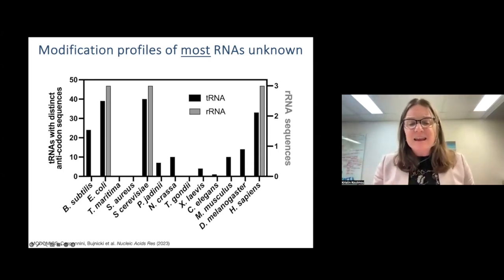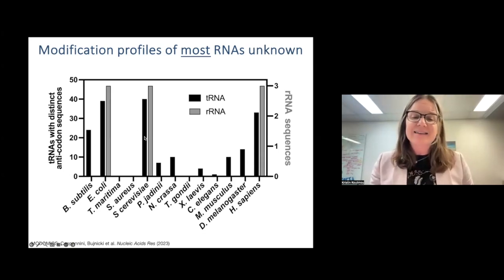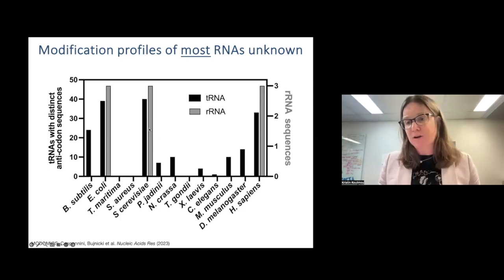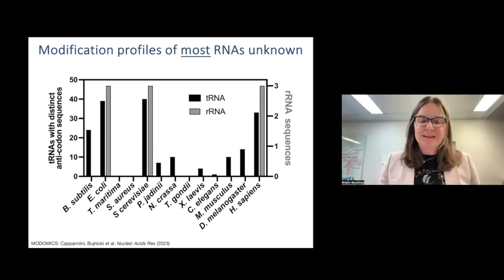You can see that even for key model organisms, anything beyond really E. coli and S. cerevisiae, we don't have good tRNA or rRNA maps, making it really hard to figure out what the function of these individual sites are. And in humans, it's vastly more complicated.